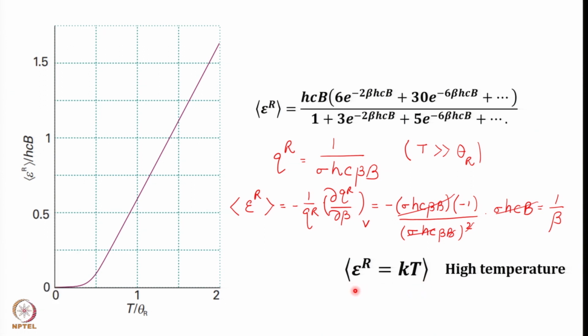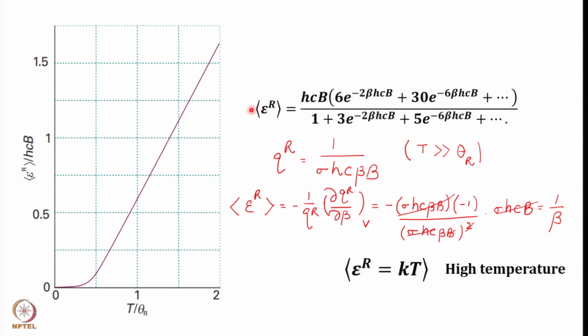So, when the temperature is higher than the rotational temperature, the dependence of mean rotational energy on temperature is linear, and you can see here it varies linearly.